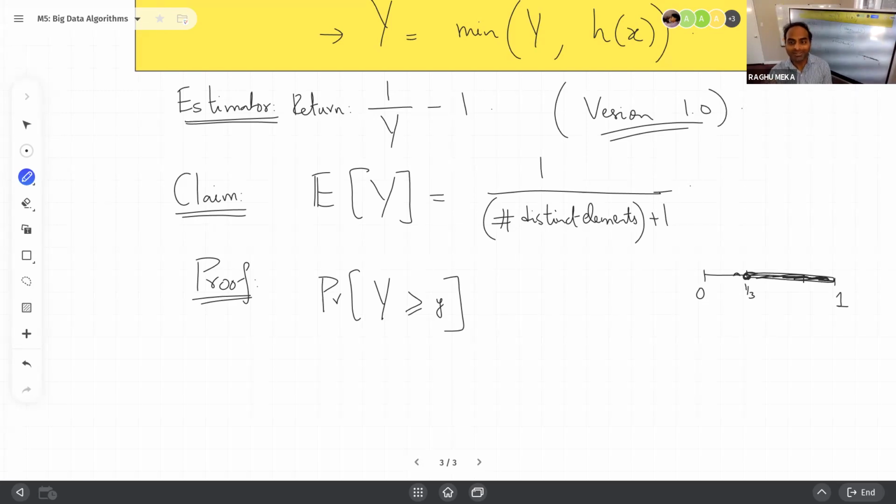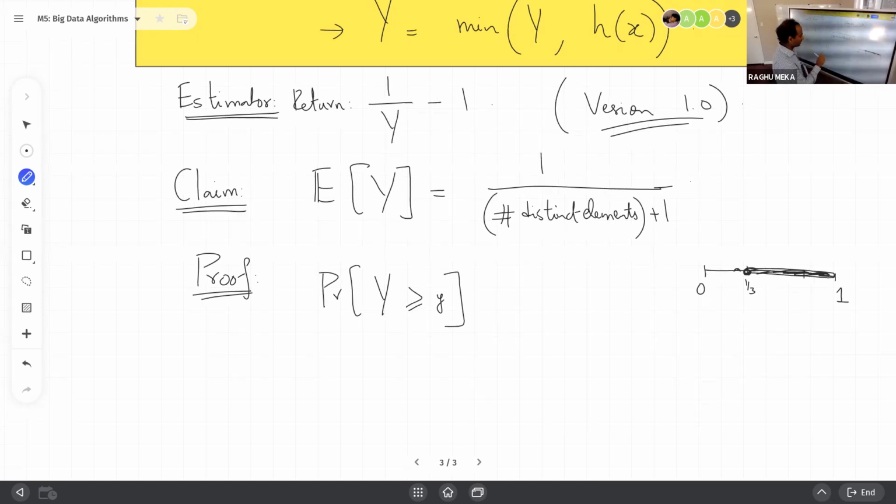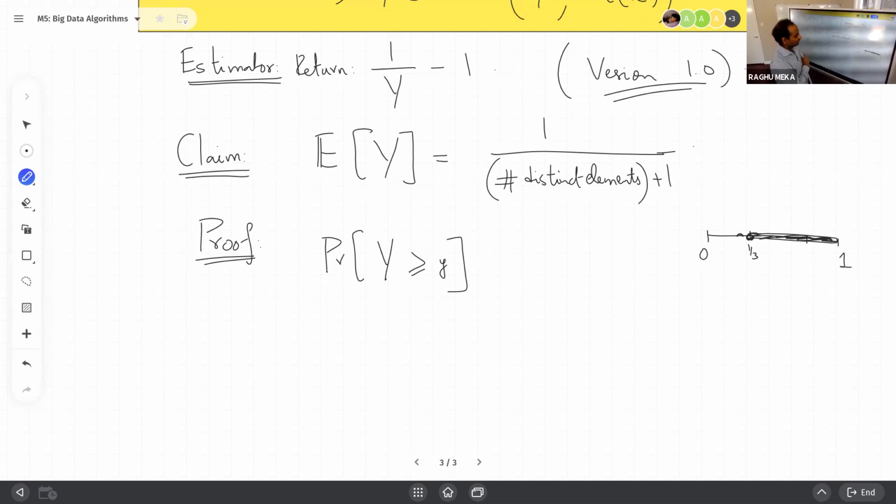So that's where the distinctness is really exploited. Repeating the same item again and again doesn't give you new randomness. Only the first occurrence gives you the new randomness, right? So if I'm interested in the probability that the minimum is at least y, then all of those hashes, all of those random points should land here.